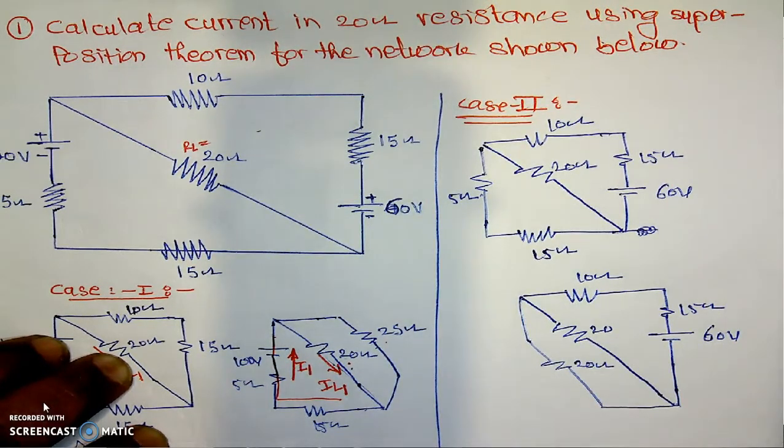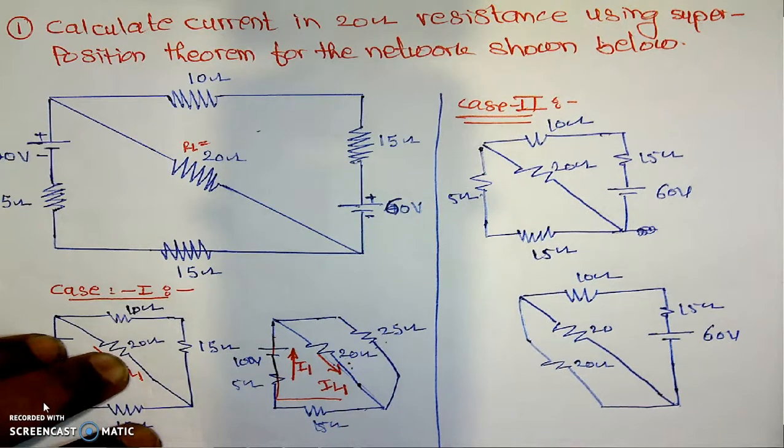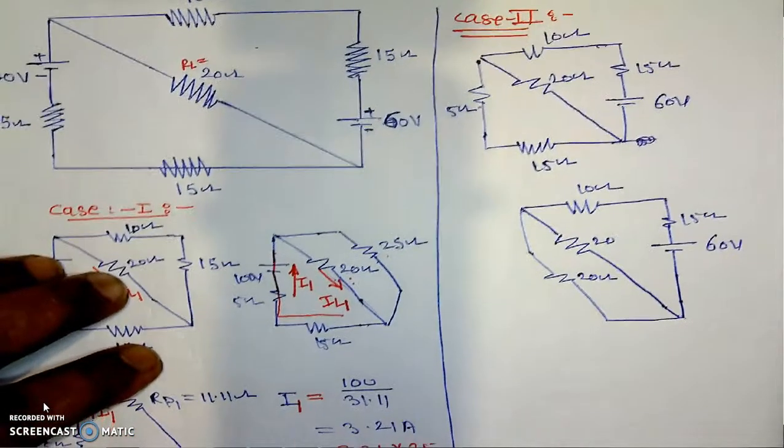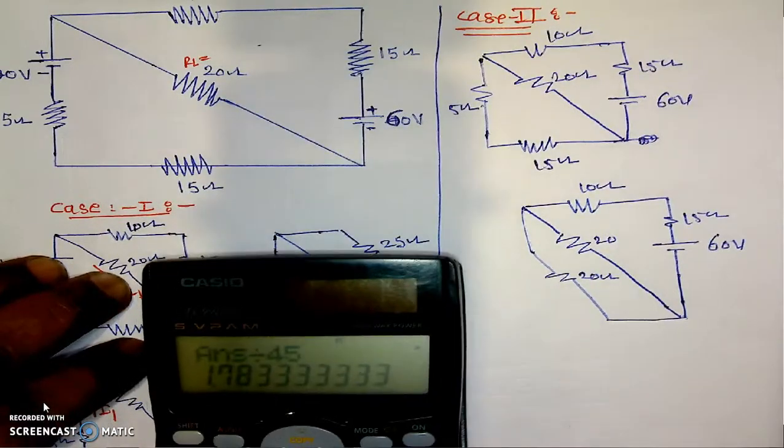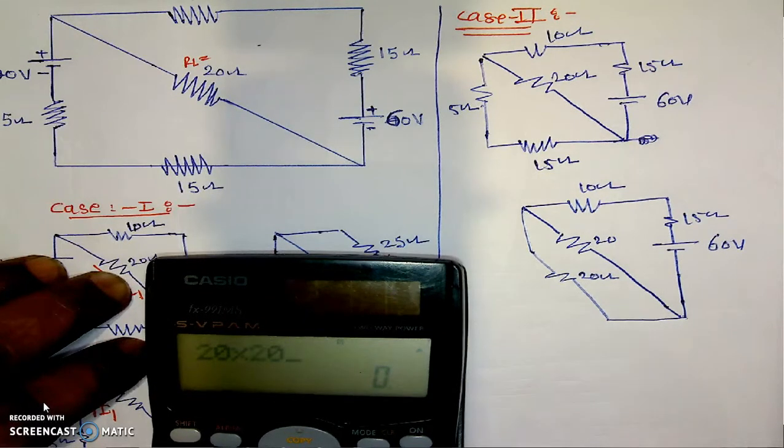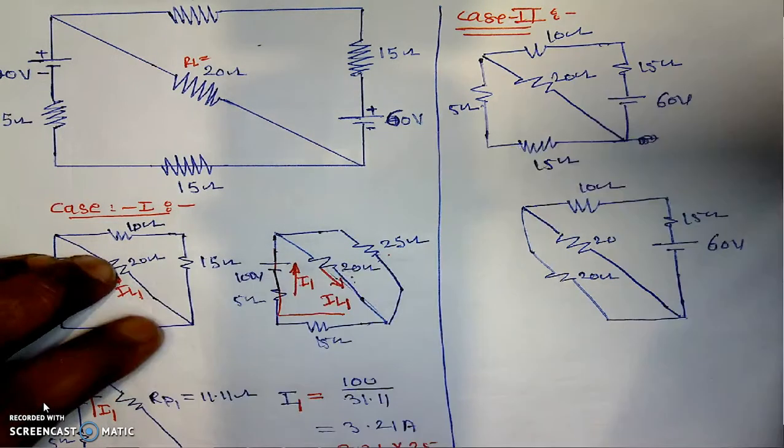Now what is our aim? Our target is to minimize this particular figure into a single loop. If we are finding its parallel combination, now look here. 20 is parallel with the 20, means 20 into 20 divided by 40, because R1 into R2 divided by R1 plus R2, its value is 10.